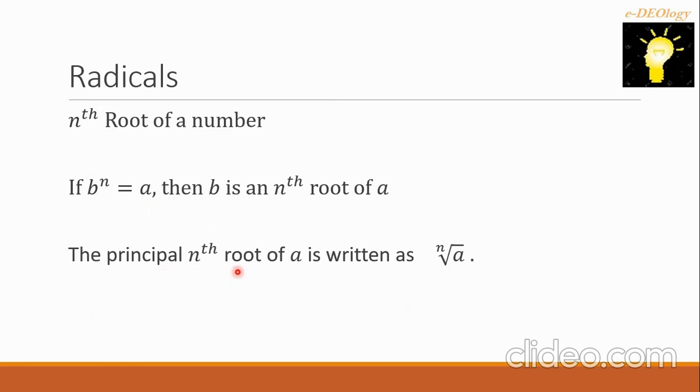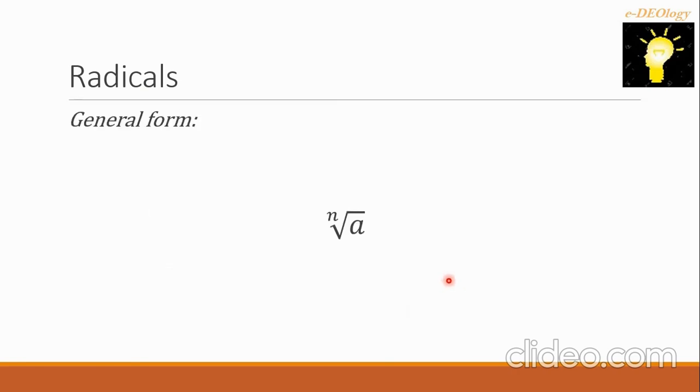The principal nth root of a is written as the symbol, read as nth root of a. In the general form, radicals will come like this. The small number n is called the index, the a is called the radicand, and this symbol, like a division box, is the radical sign.